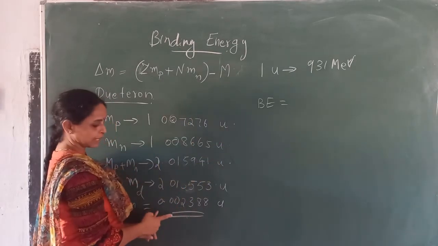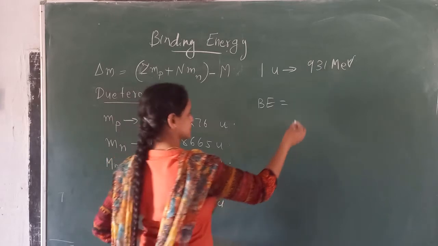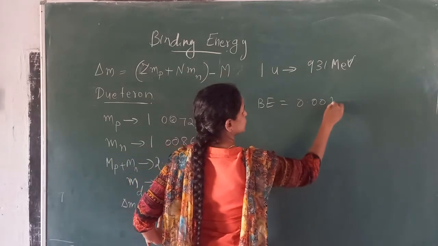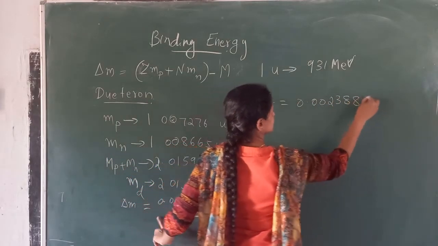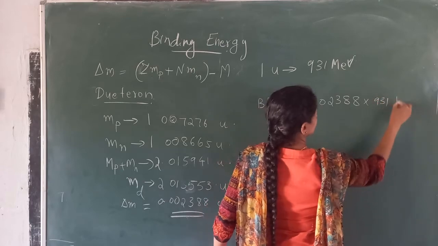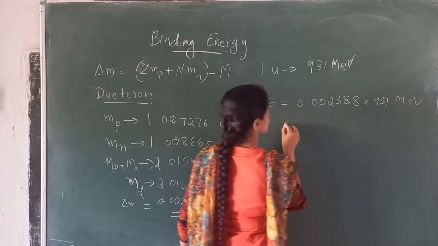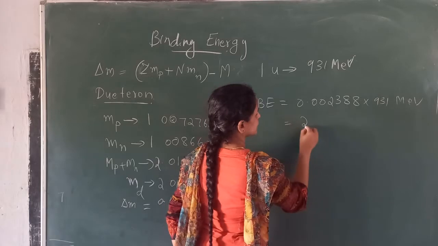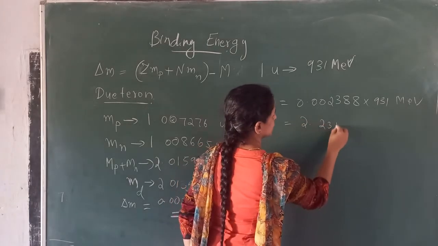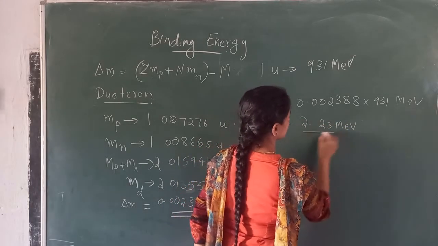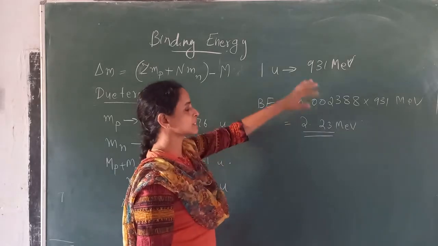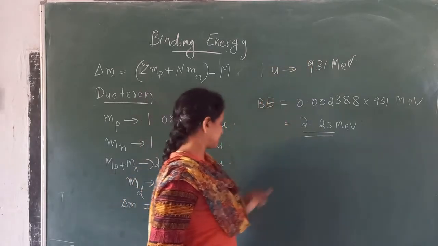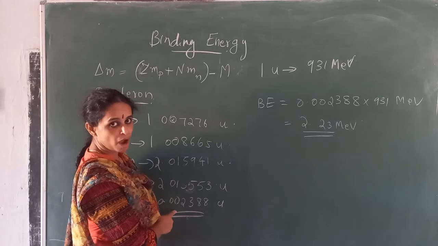That is 0.002388 into 931 mega electron volt, which is equal to 2.23 mega electron volt.